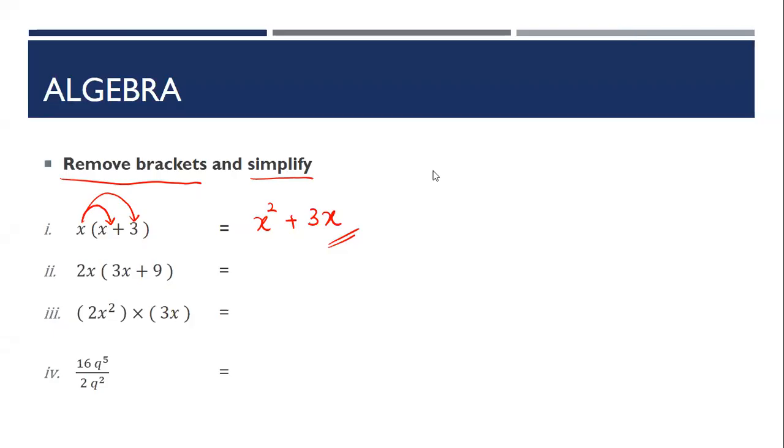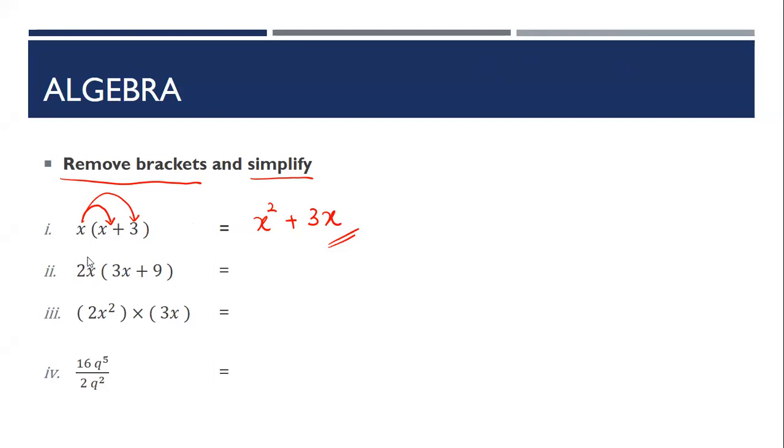Okay, the first one we are getting the answer x square plus 3x. So what is the answer for the second one? Okay, the second one you are saying 6x square plus 18x.